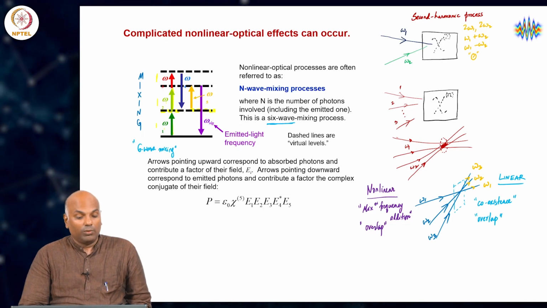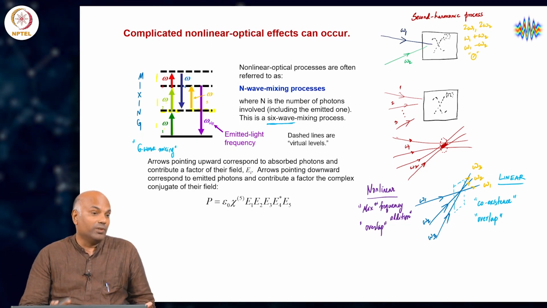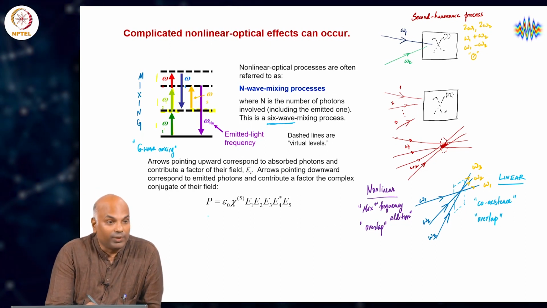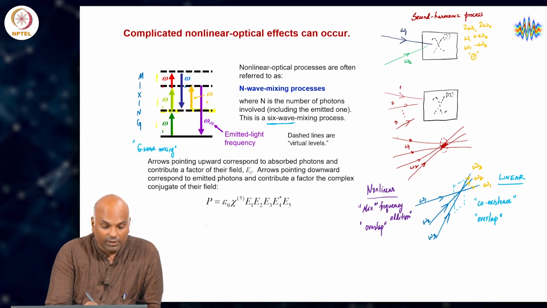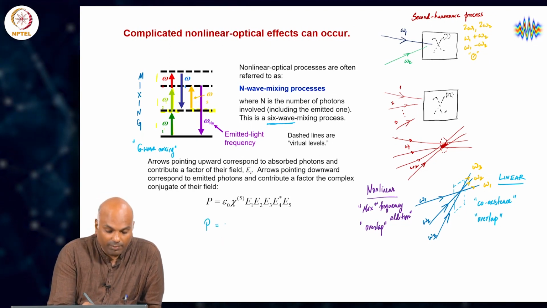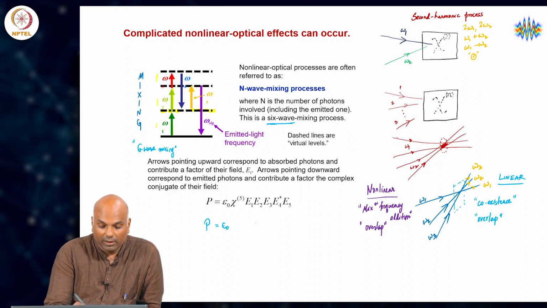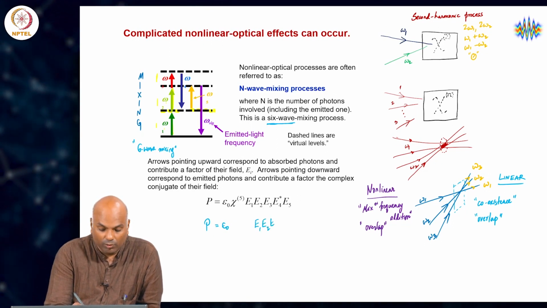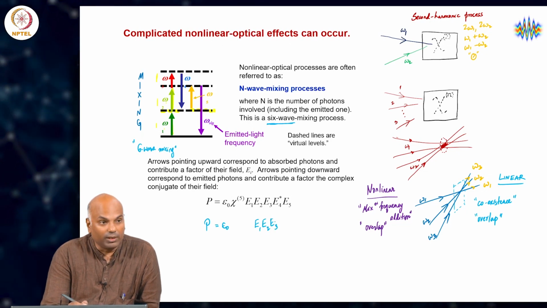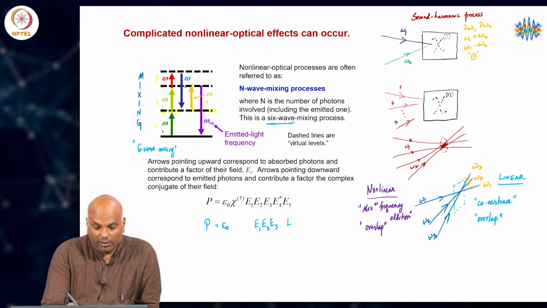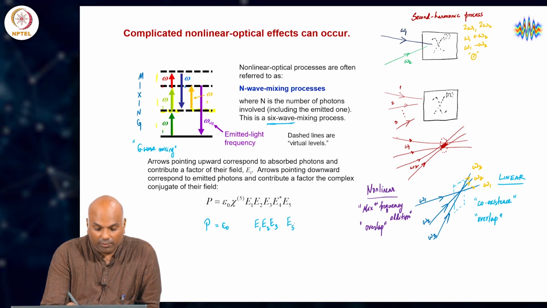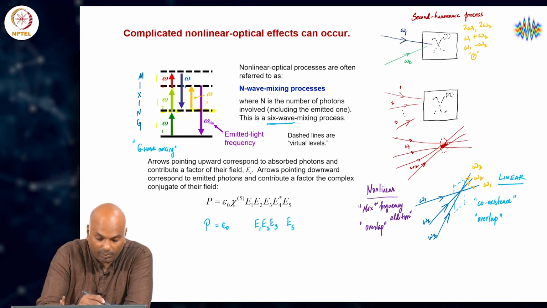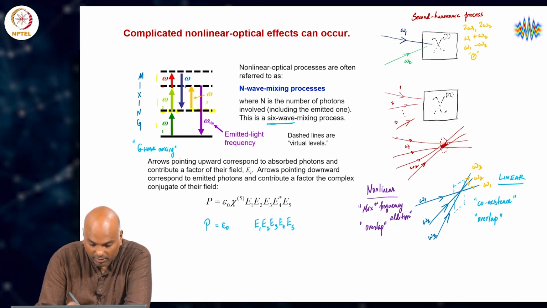Okay. Now, all of this is still written in terms of the polarization field P, which is of course epsilon naught times a mixing of the 6 waves. So, say omega 1, omega 2, omega 3, the corresponding E's, and the upward omega 1 plus omega 2 plus omega 3, there is a plus omega 5 and there is a minus omega 4.